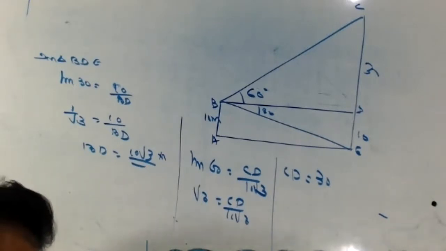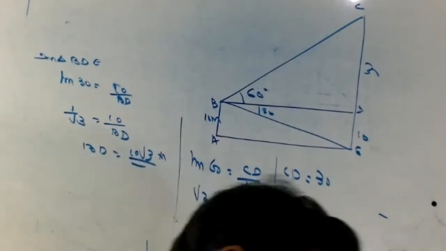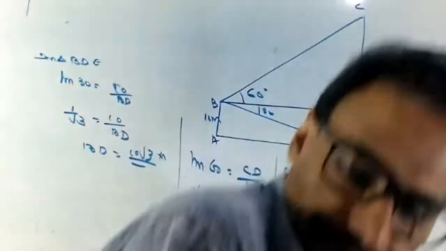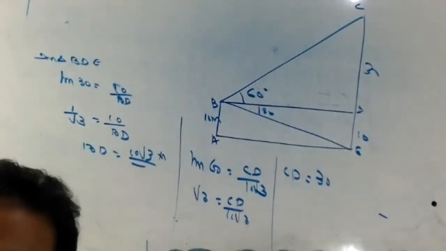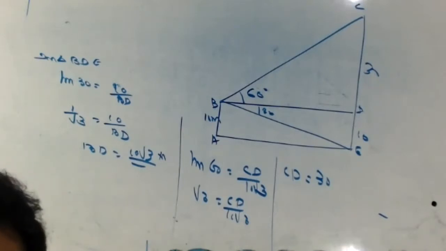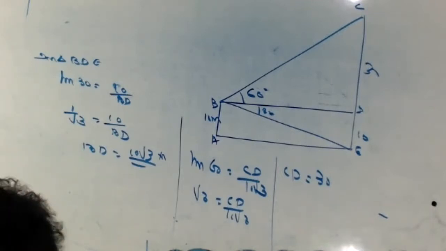Okay, try now. One tower is there and hill. First from the foot of the tower to the top of the hill, then from the top of the tower to the foot of the hill.